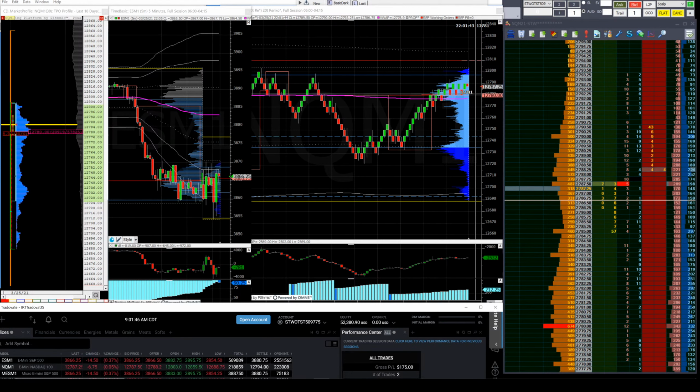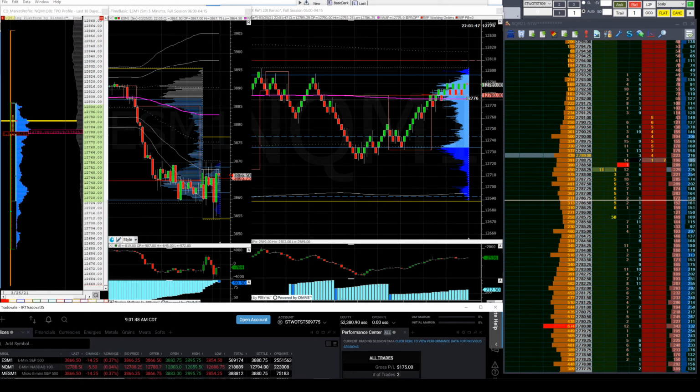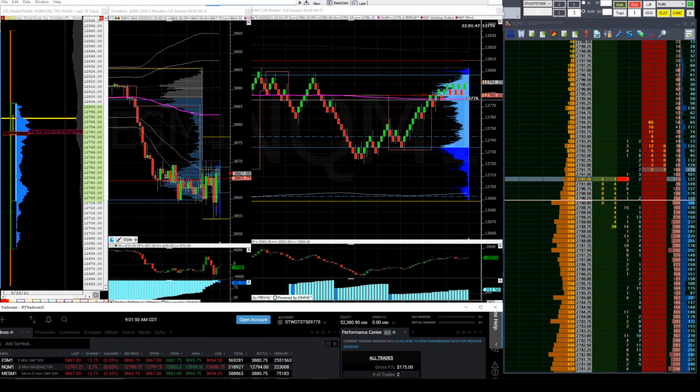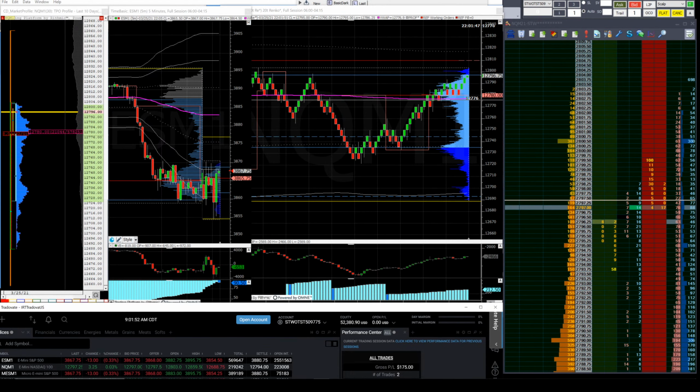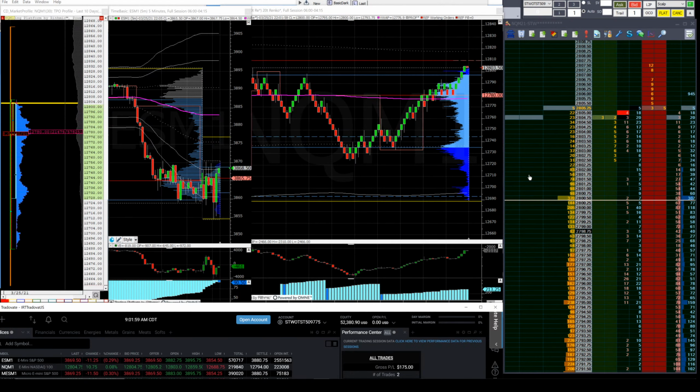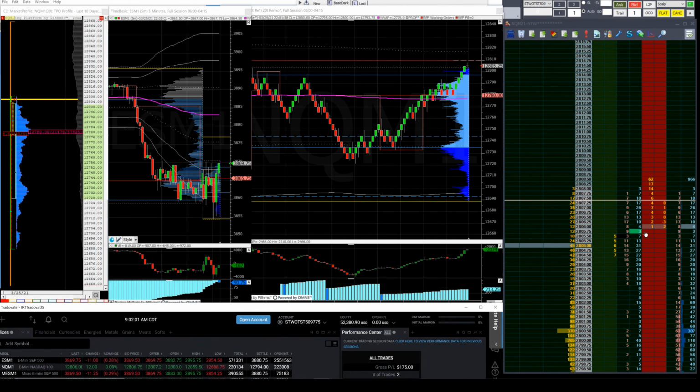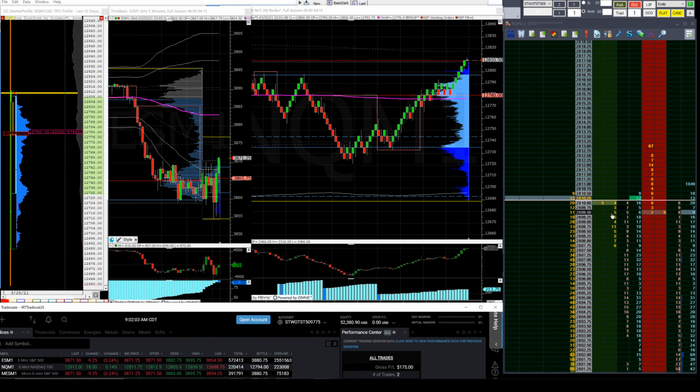Another nice thing, when both of these are running on the same data feed, I can trade off the chart. So here we're going to go to the value area high up to that 12.8, yep, and then maybe run past it even. You never know.